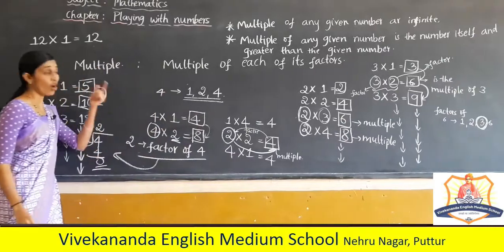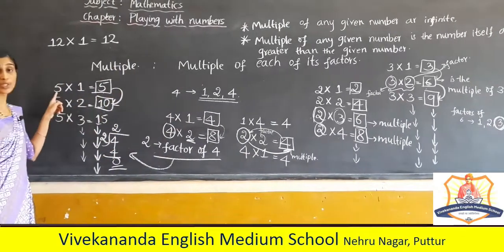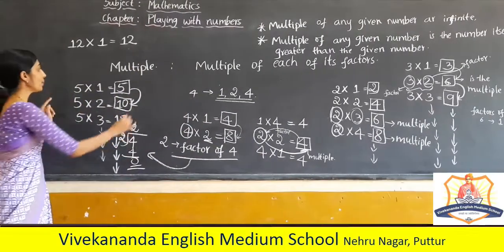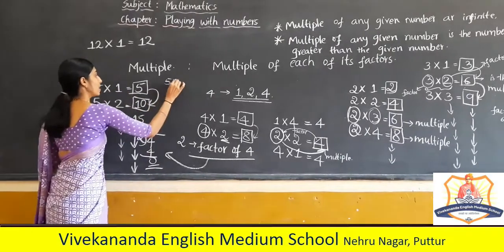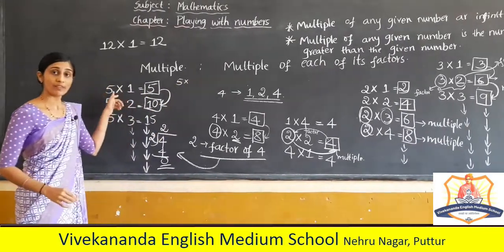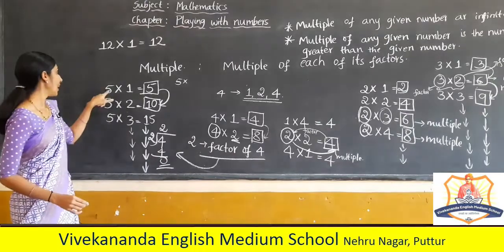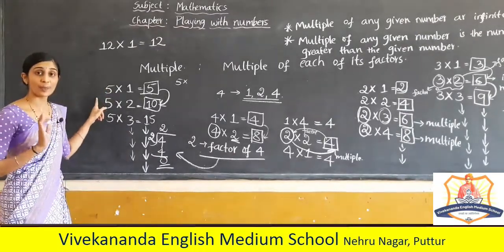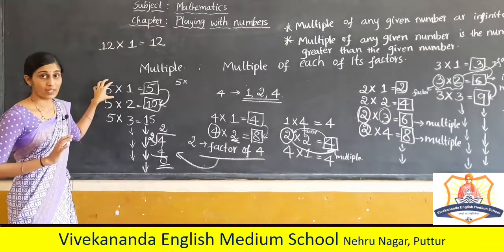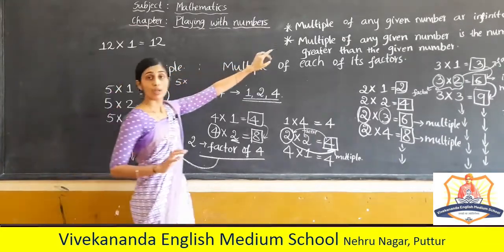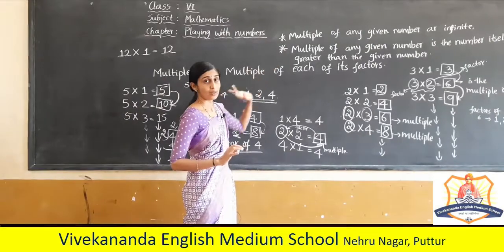Multiple cannot be lesser than the given number. So multiple of 5, if I consider, if it is 4, can I take it as 4? No. Lesser than the given number can't be the multiple of the given number. So note this point, children.